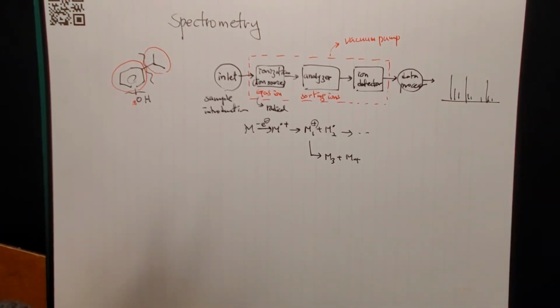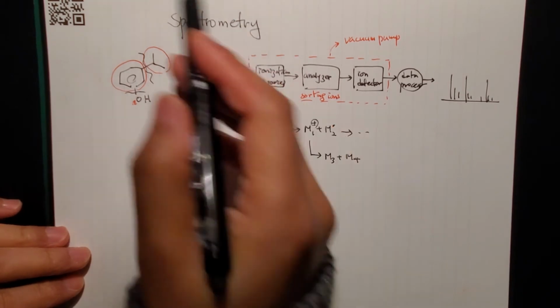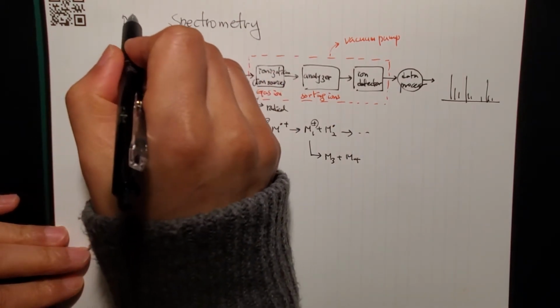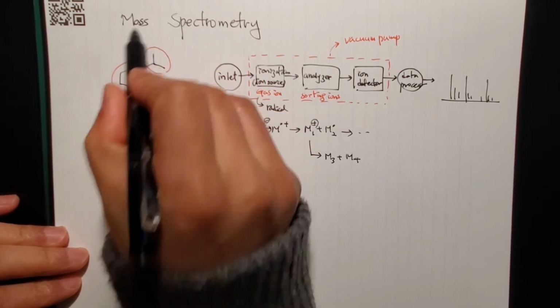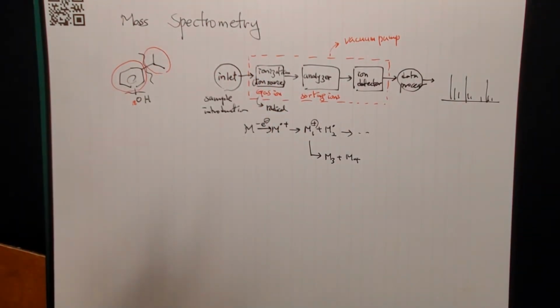It'll look like this. As you can see, in this process we don't use light, so it's not spectroscopy, but it is measuring mass, molecular weight. So mass spectrometry.